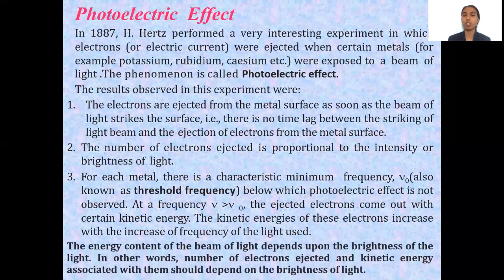Now the energy content of the beam of light depends upon the brightness of the light. In other words, the number of electrons ejected and the kinetic energy associated with them should depend on the brightness of light.